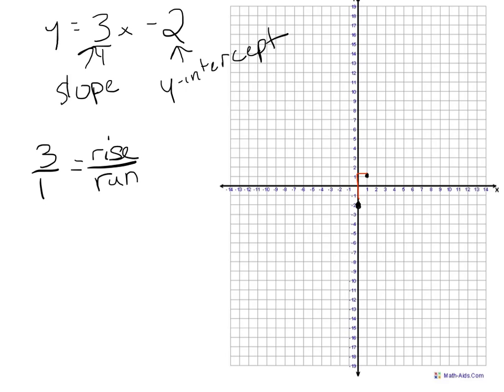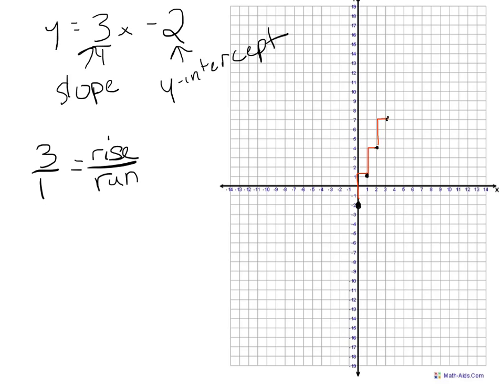Again, up 3 over 1 to find our next point, right here. Up 3 over 1 to find our next point.